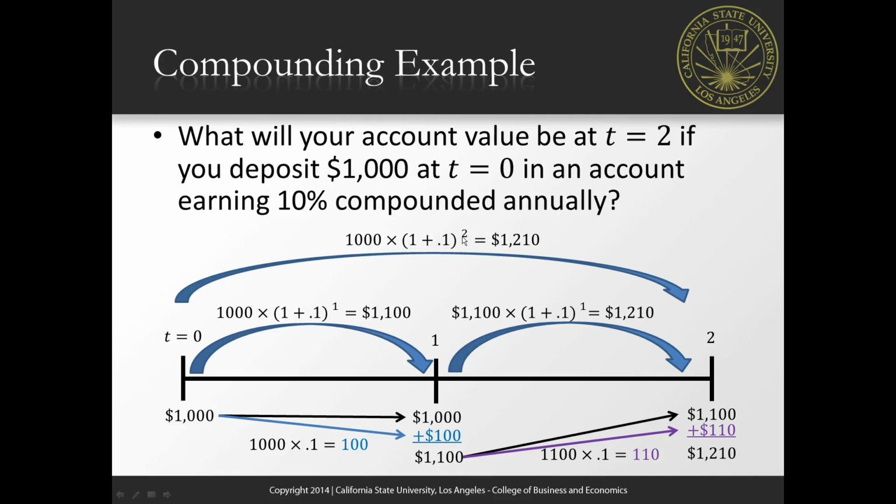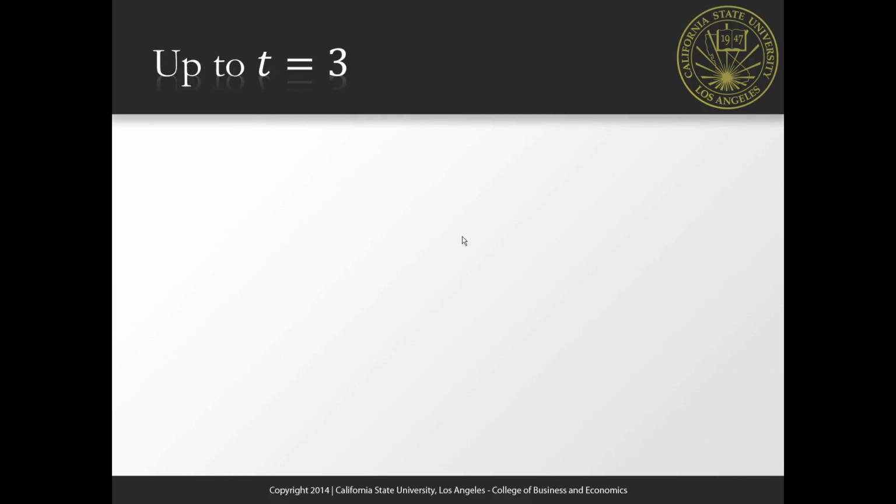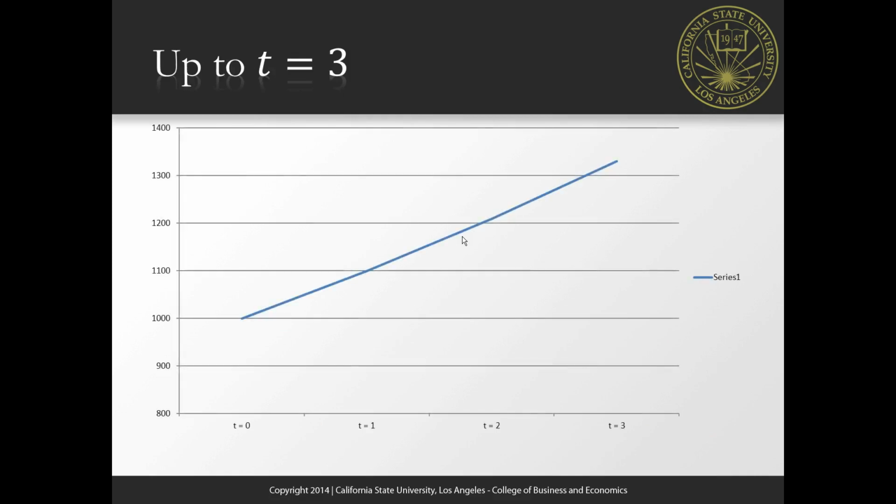Now, to show you what exactly the compounding effect really has, let's look at this example. I went ahead and graphed it out in Excel, and if we were to compound this for 3 years, to t equal to 3, we see that it ends up at 1,331.